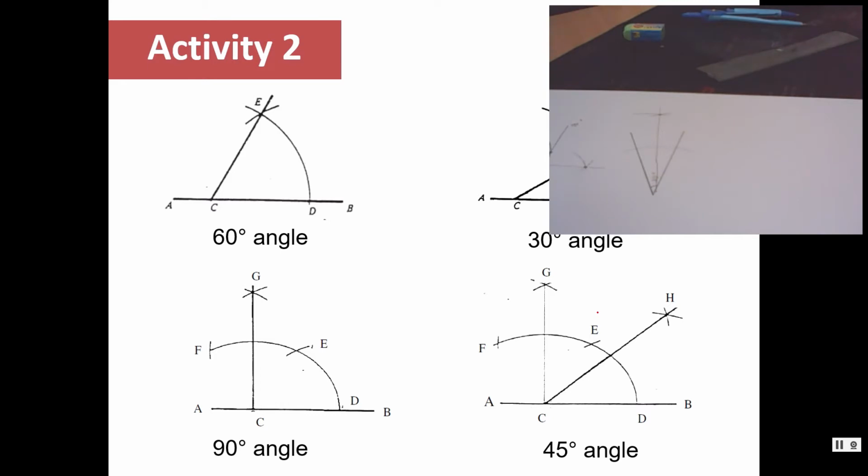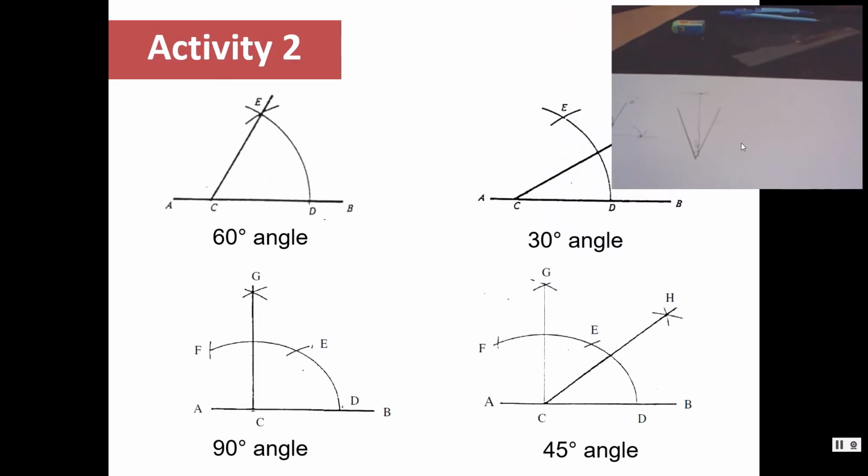For activity 2, now we are going to learn how to draw angles: 60-degree, 30-degree, 90-degree, and 45-degree angles.